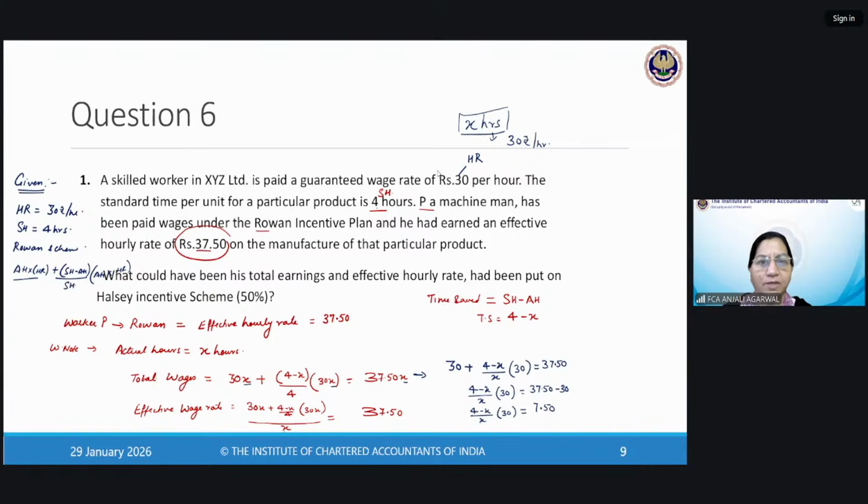So I'm repeating. Actual hours, hourly rate is given. Standard hours are given. Rowan scheme is applicable. I've written the formula for the Rowan scheme. And he's saying the effective hourly rate is 37.50. Okay.